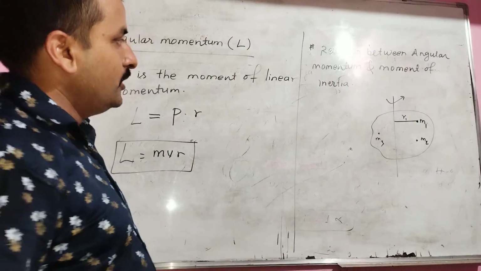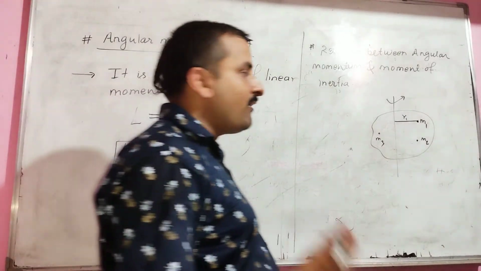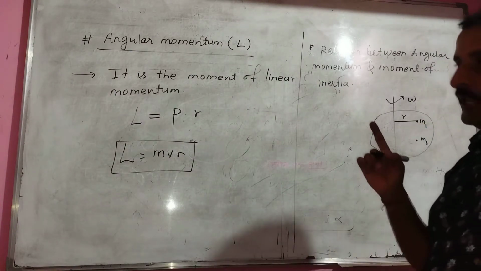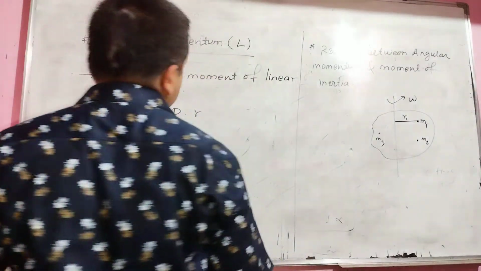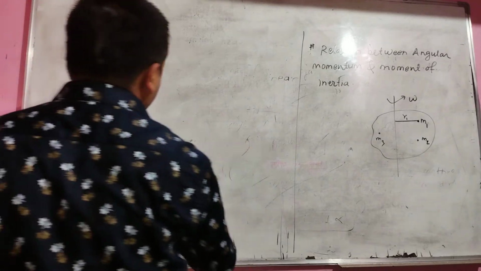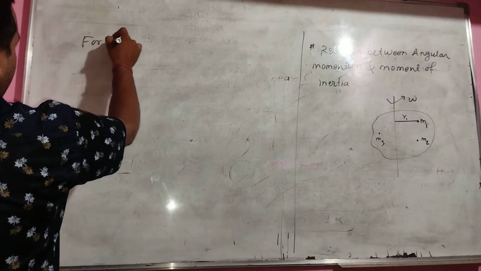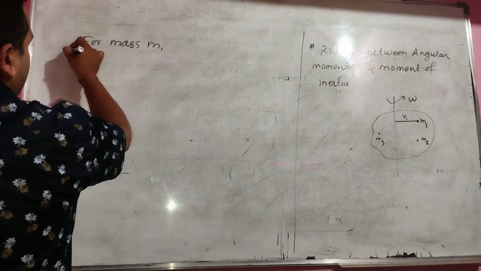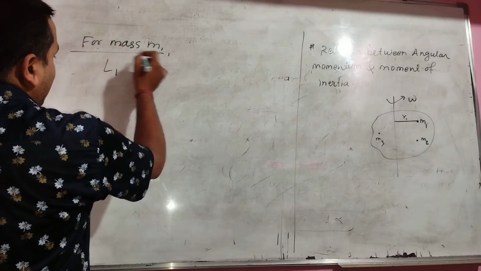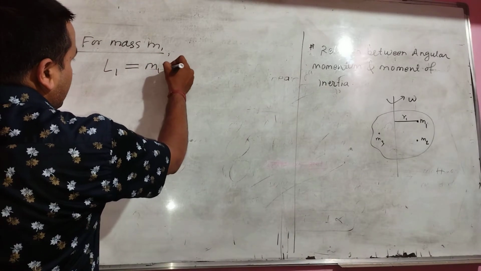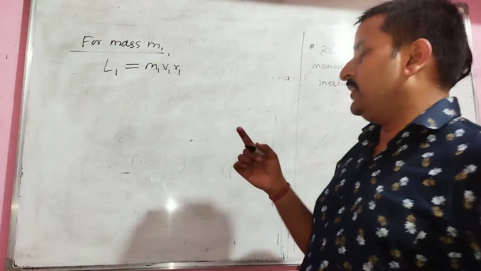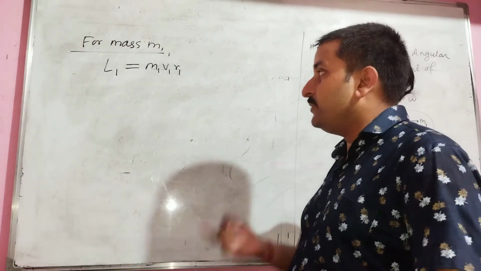Basically here also we will find the angular momentum for m1 only, then we can generalize for the others. For mass m1, angular momentum L is equal to m1 v1 r1, because we have the relation L is equal to m into v into r.